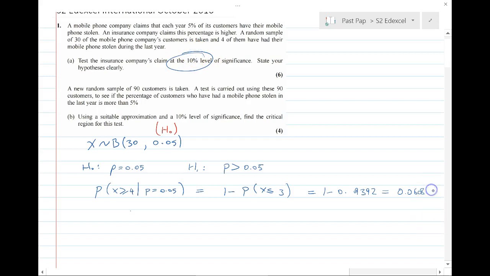I was going to say it's greater than, because so often it's 5%, but we've got to go with the significance level that we've got. So it's actually come below our significance level. So our result is significant, and we reject H0. So we write reject H0.